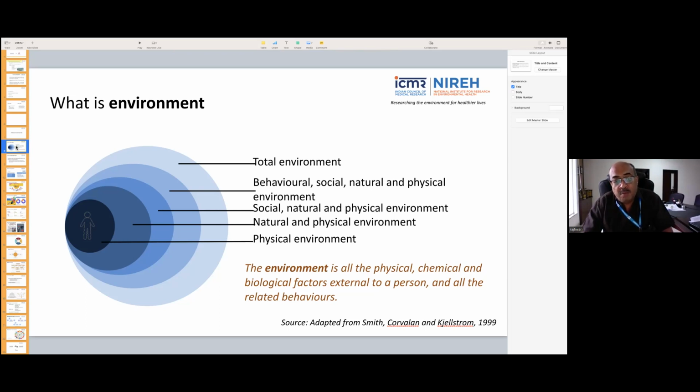And then when groups of people or individuals interact among themselves and behave in a certain way, that gives rise to the behavioral environment. So when we want to study environment and its impact on human health, we talk about the physical, natural, social, and behavioral environment which we want to study.